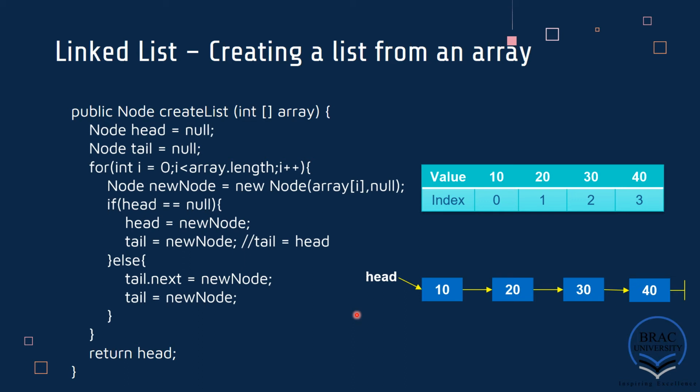Okay, here it is, where I connected tail.next equals new node, and then I have to rearrange the tail. Now that I connected the new node, I have to update the tail to be the new node. This basic code I will illustrate in the next slide, where I show you how it works.